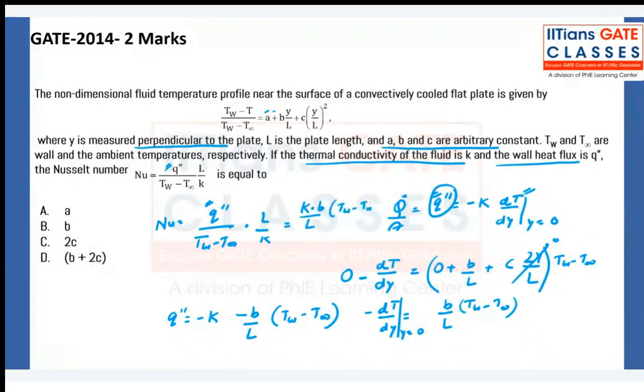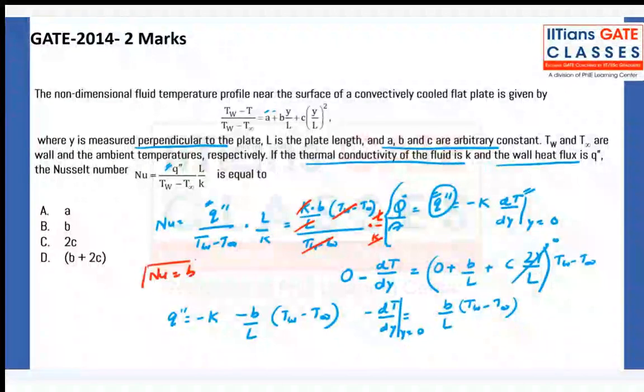Divided by (T wall minus T infinity) into L by k, L cancels, k cancels, and the temperature difference cancels. Nusselt number will be equal to b. So this is my right answer.